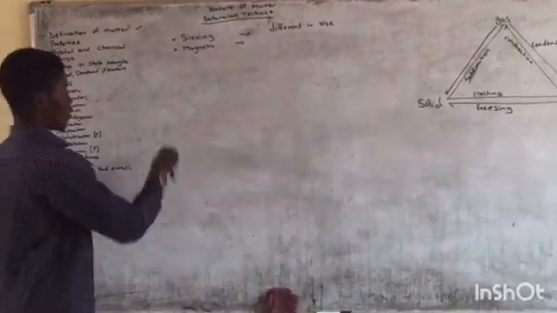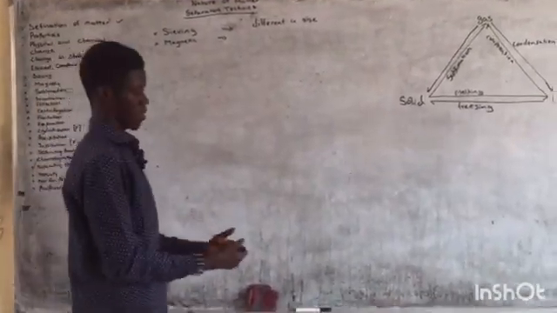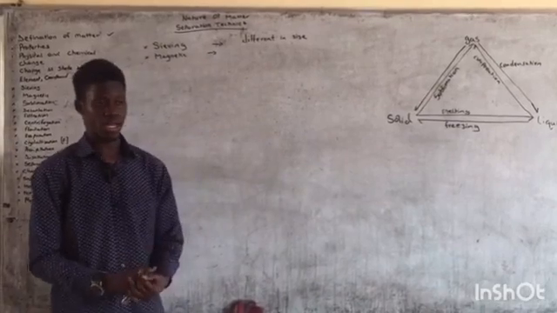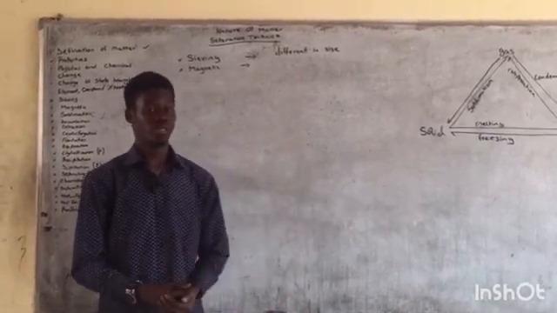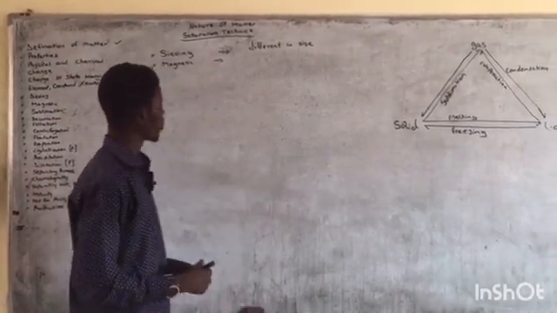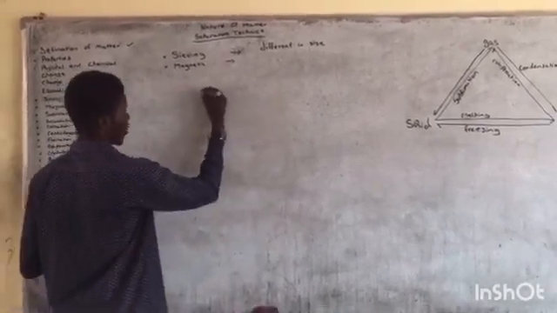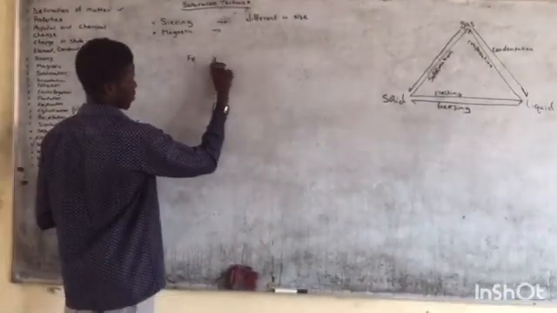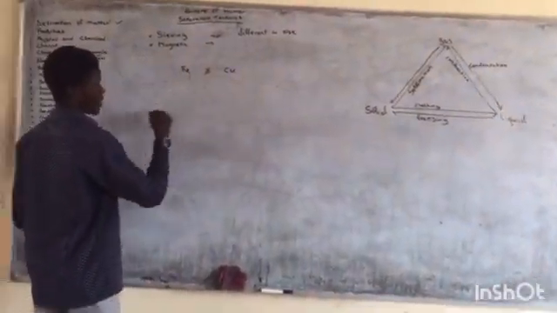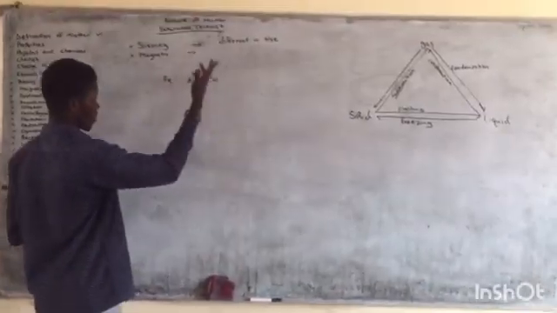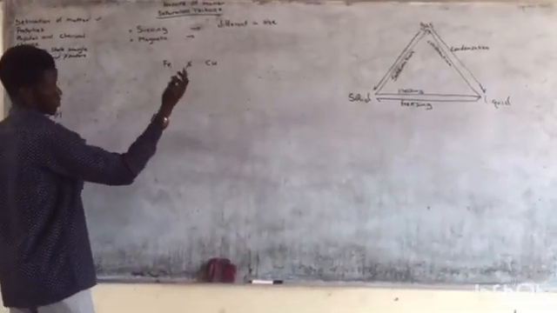For magnets, there are some solids that are magnetic in nature, while there are others that are not magnetic in nature. For example, iron and copper. Iron is magnetic in nature, but copper is also a metal, it's solid, but it's not magnetic in nature.